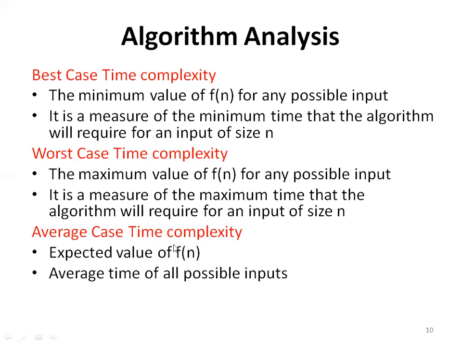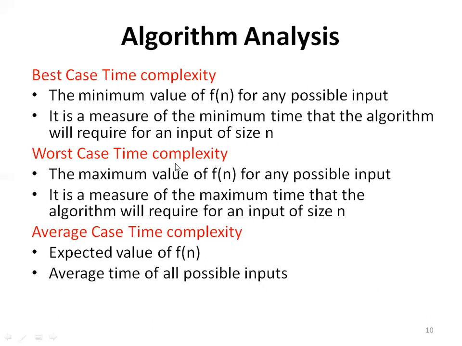Then average case time complexity, it is the expected value of the function f(n). And how to find this? By averaging all the times for all possible inputs, we can find this average case time complexity. So best case time complexity is the lower bound, worst case time complexity is the upper bound, and average case time complexity is the expected value of time.